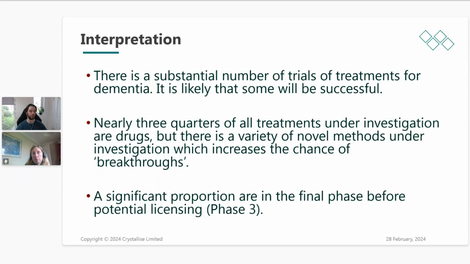It's not a particular intervention per se that is the breakthrough, but actually a combination of all of these different interventions that are getting pushed through the pipeline. So it might be a cocktail that has the breakthrough. And of course, as we saw on the last slide, a significant proportion are in phase 3 trials.